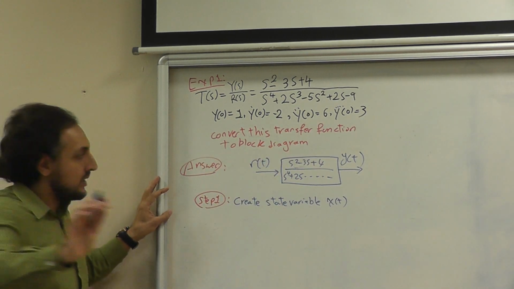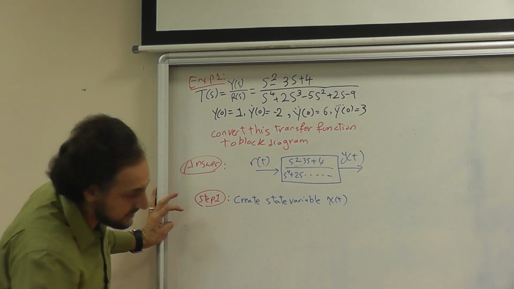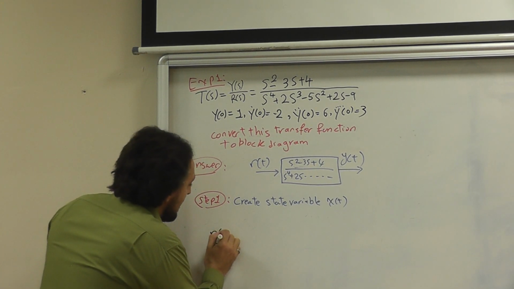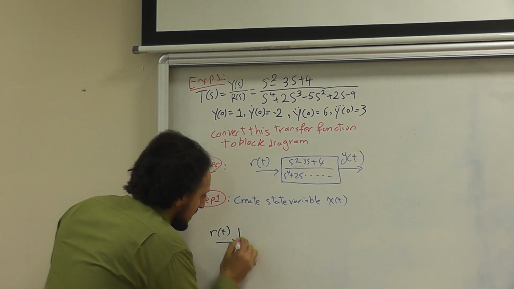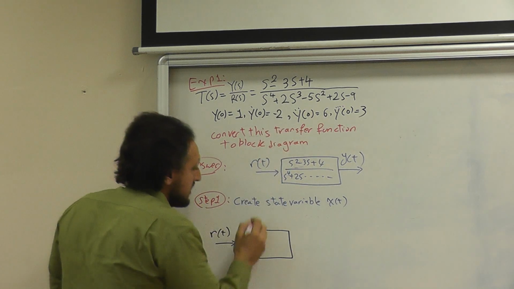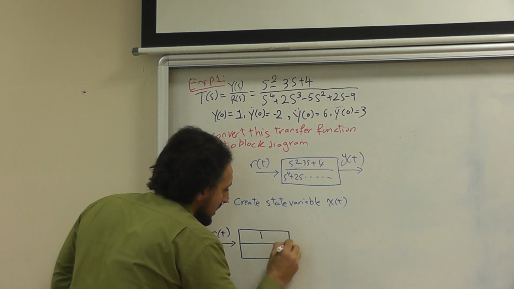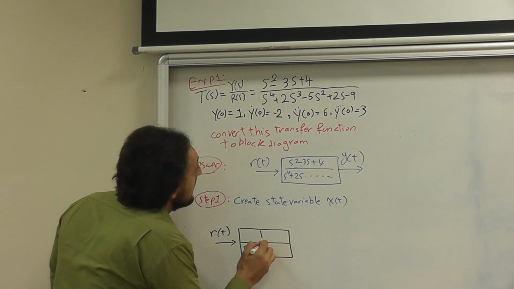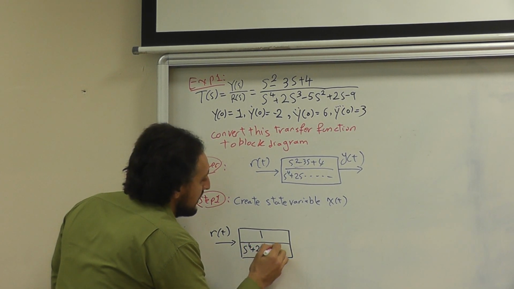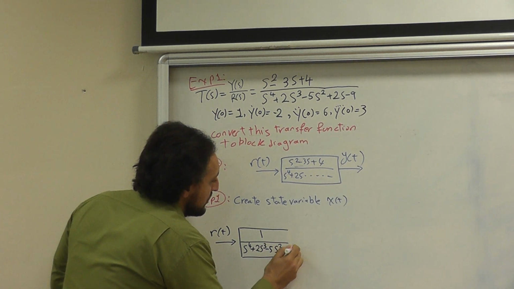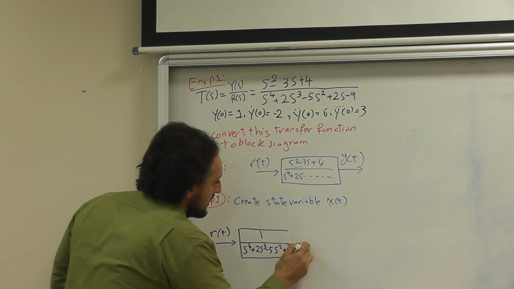Okay, only this one. Okay, so let's create it. Very easy way. So RT. Here I will write this 1 over s4 plus 2s3 minus 5s squared plus 2s minus 9.